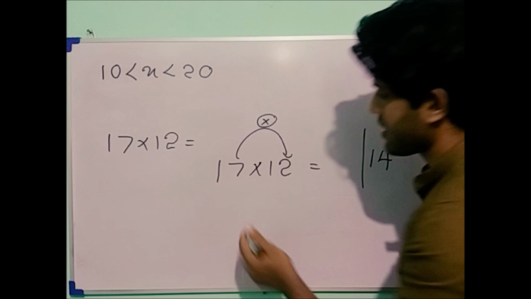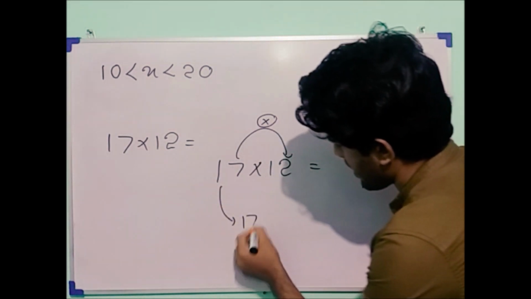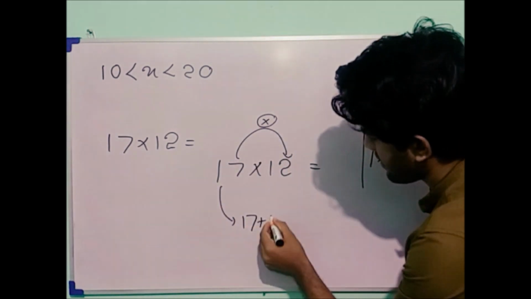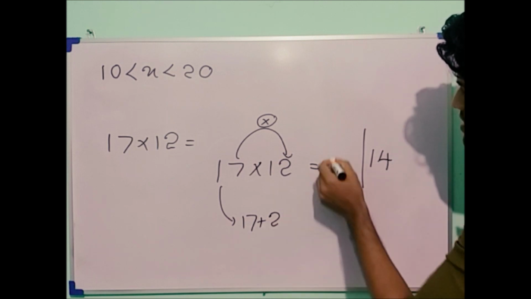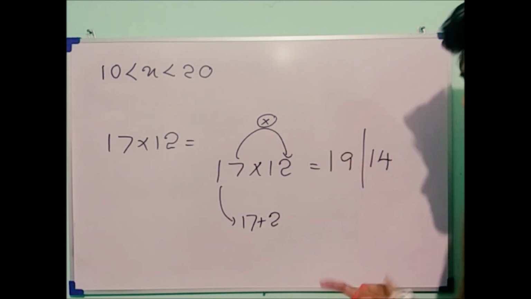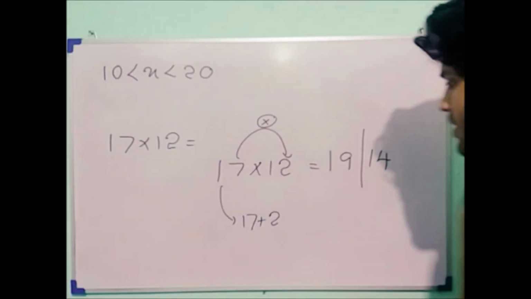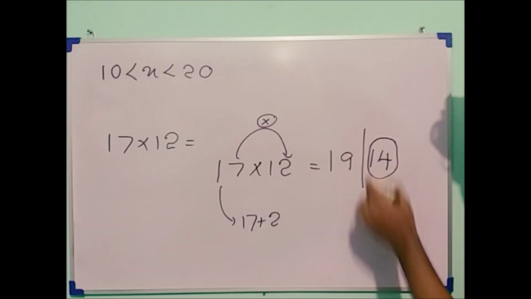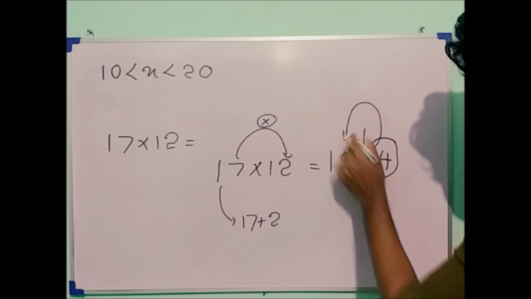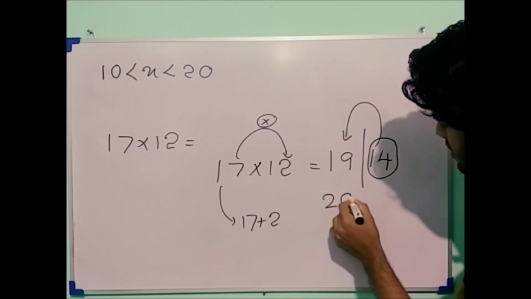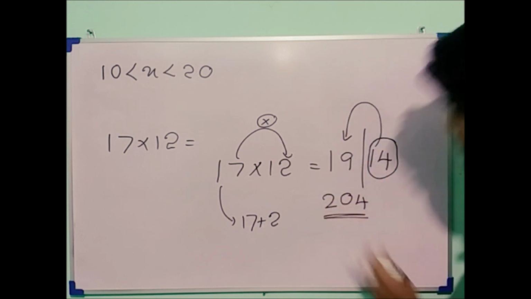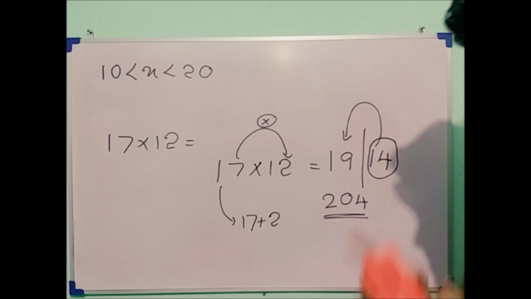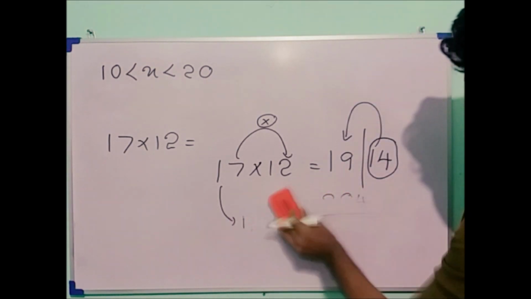Okay, second step, add 17 and 2. The answer is 19. But there's a rule. What is it? You can't put two digits on this side. So the 1 goes to this side. The answer is 204.